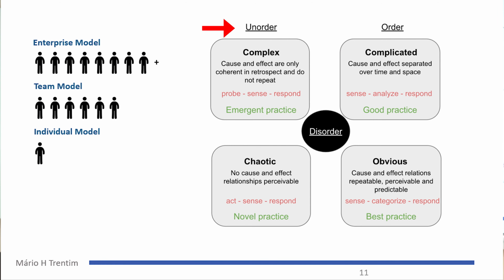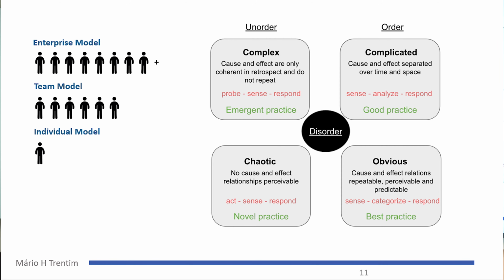And here in the unordered, we have innovation. So in complex projects or in very innovative projects, we do not have order. So cause and effect are only coherent in retrospect and do not repeat. That's why we need different project management approaches. In the chaotic, we have no cause and effect relationships.